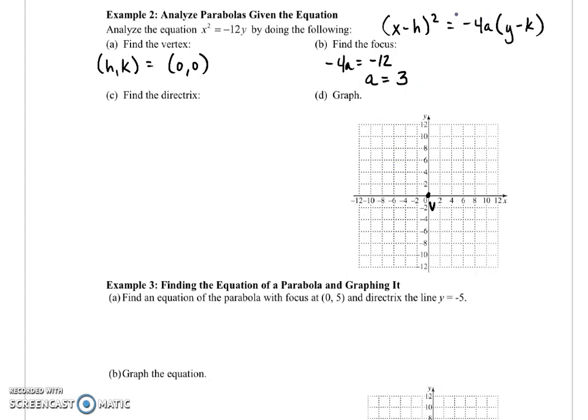Since we have the negative 4a and the x is squared, that tells us that this parabola opens down. And remember, the focus is always in the direction of the opening. So since this parabola opens down and the vertex is at the origin, then the focus must be the point (0, negative 3).